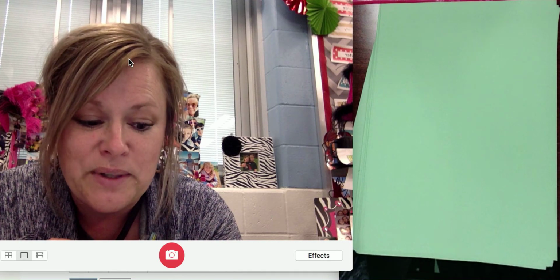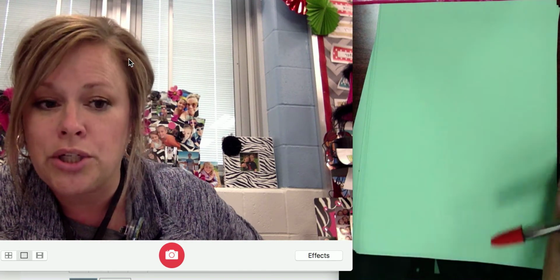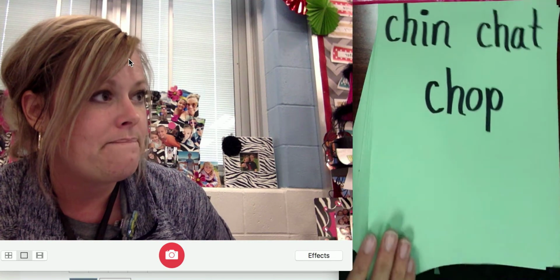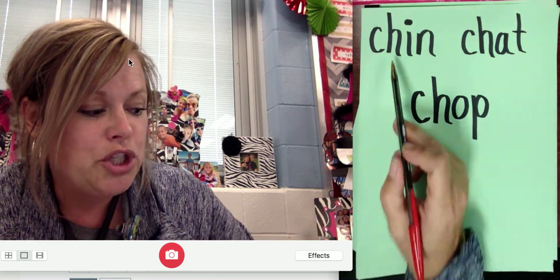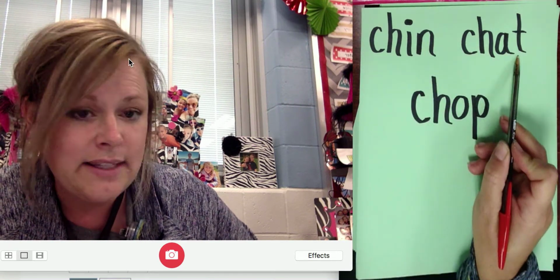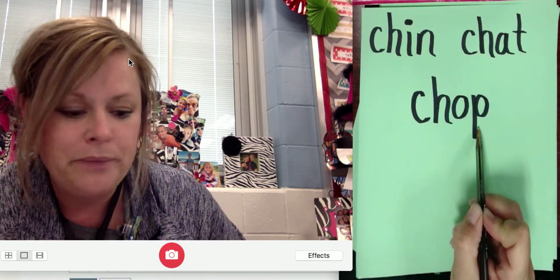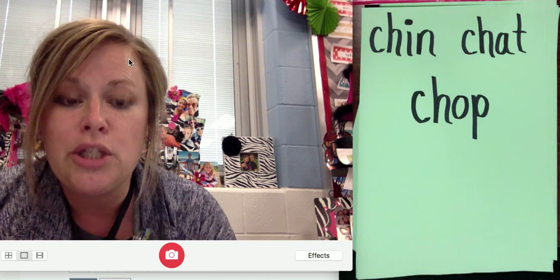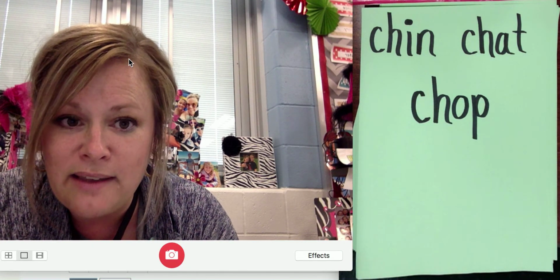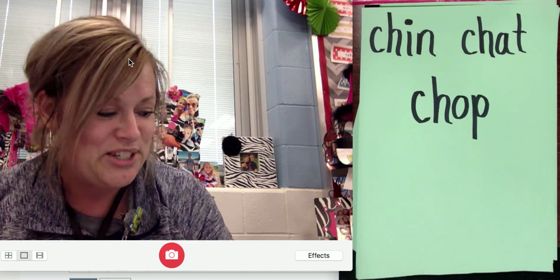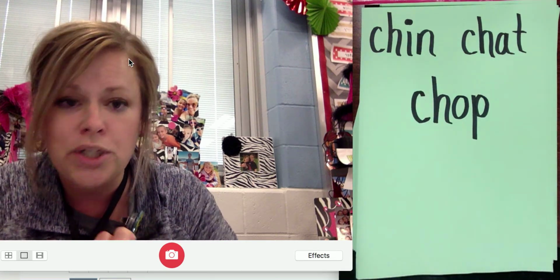Let's look at these words and talk about what represents the ch sound. Here's chin, chat, and chop. What 2 letters represent the ch sound in these words? Say it if you know it. CH. CH represents the ch sound.